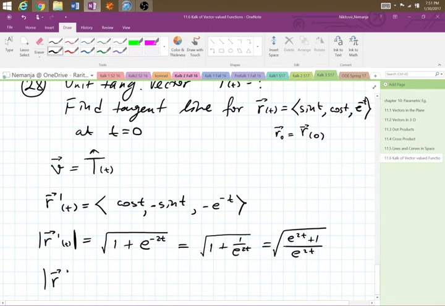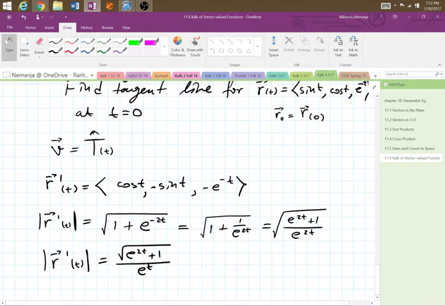I don't know if this is going to help down the line, but I'm just going to have it ready as square root of e to the 2t plus 1 divided by e to the t. Wait, what happened with my minus sign? Why is there no minus? Oh no, I put it down. No, that was good. Okay, so that's it.